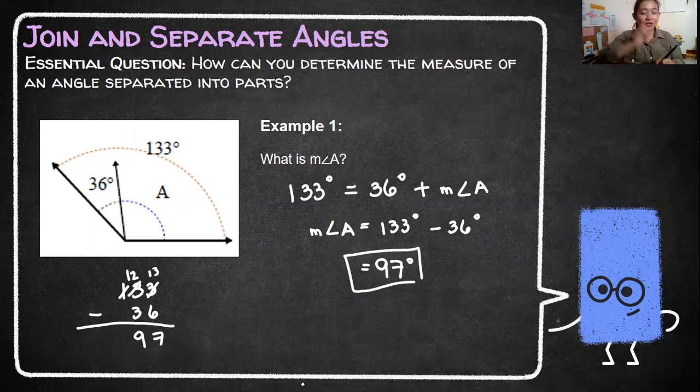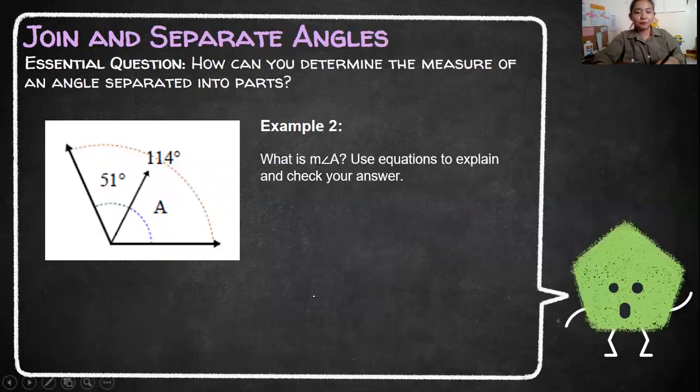Can you follow? Let's try to have another example. Another example would be about angle A again. So the total measure, combining the two adjacent angles in the figure, is 114 degrees.